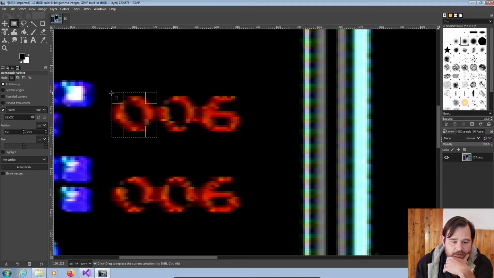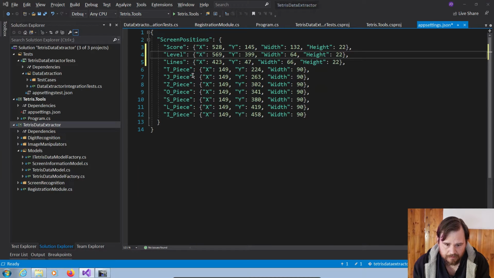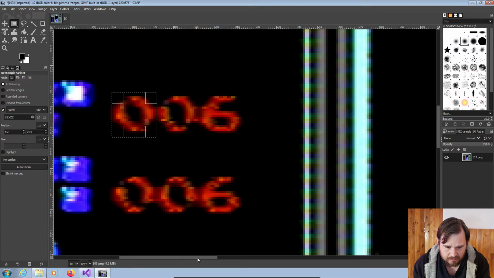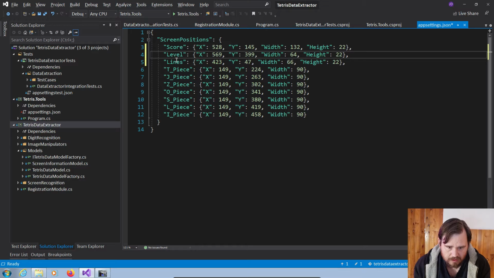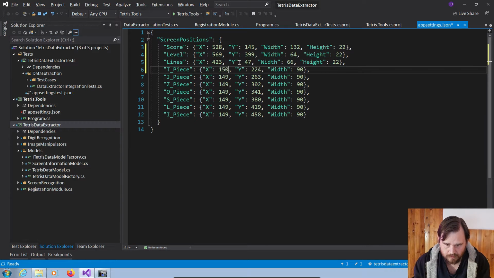So 150, 223. This is the T, yeah. What was that? 150, 223. Now the width is 3 of them, and the height is 22.